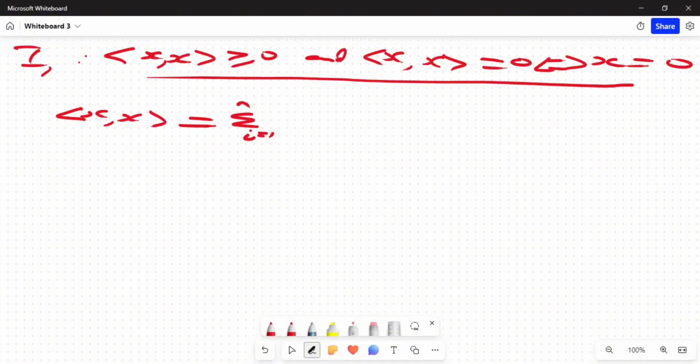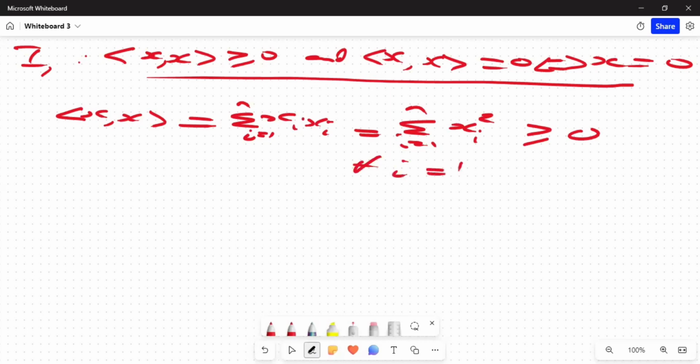Which will be the summation, i running from 1 to n, of xi squared, right? Obviously, these are vectors squared. This will be greater than or equal to 0, for all i counting from 1 to n.